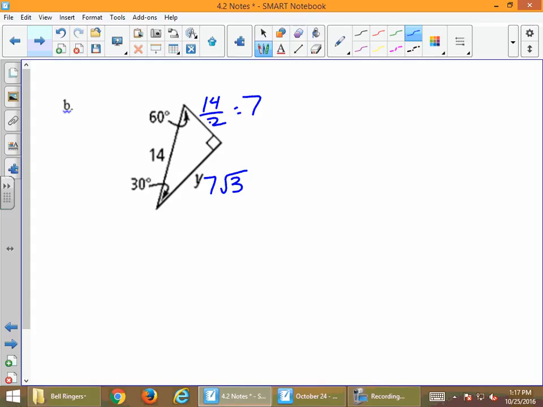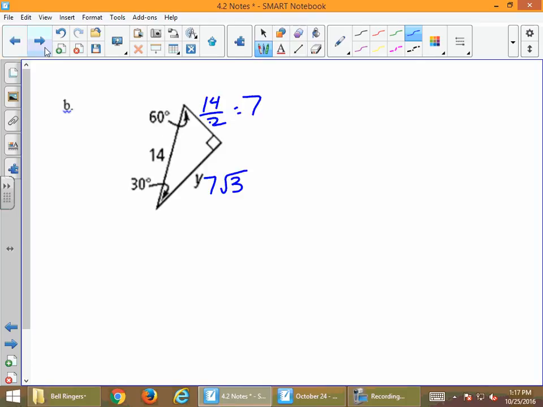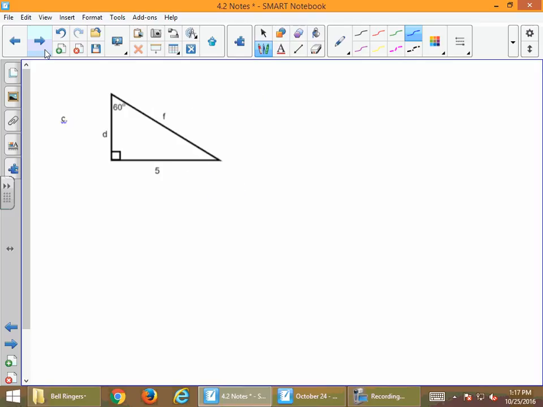If you're not given a short side, you're going to divide in your first step. So here, we were given our short side, so we multiply to get our other pieces. Here, we weren't given our short side, so we have to divide first, then we can multiply. Short leg's the key. You're always trying to get there first. Sometimes you're given it, makes it nice, super easy. If not, you're going to have to divide to get it.